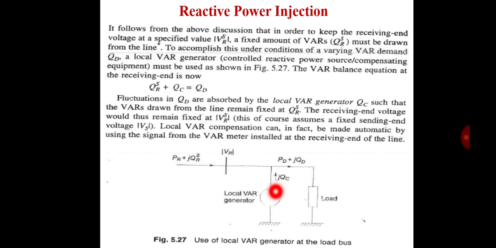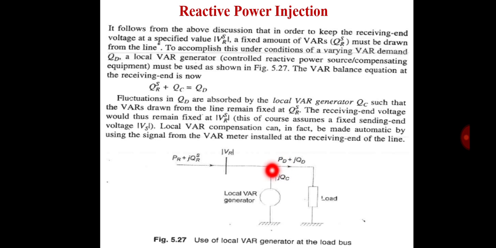QC is the local reactive generator. So QC is equal to QD. Fluctuation in QD is absorbed by the local VAR generator QC such that the VAR drawn from the line remains fixed.